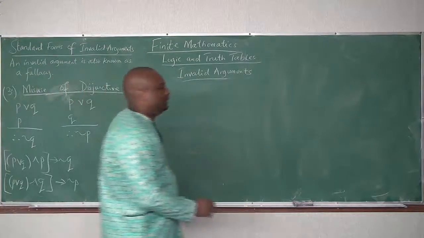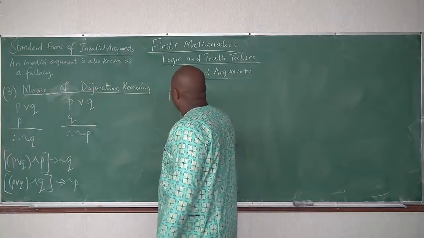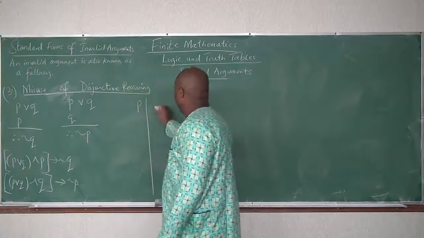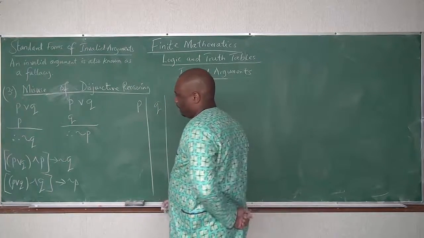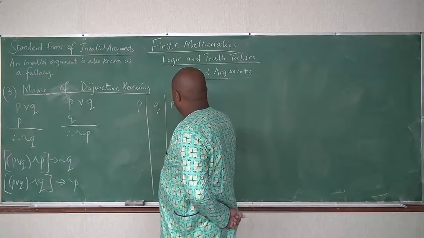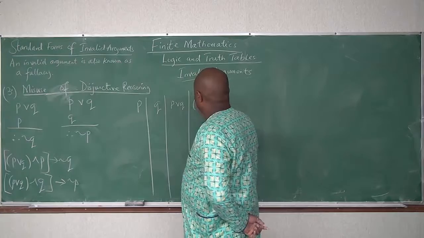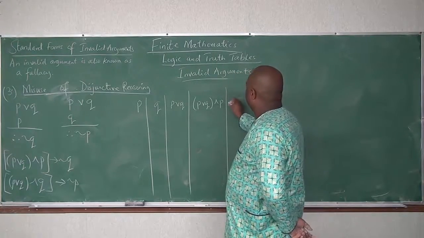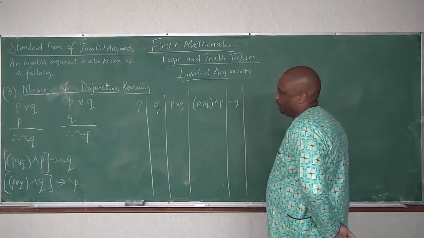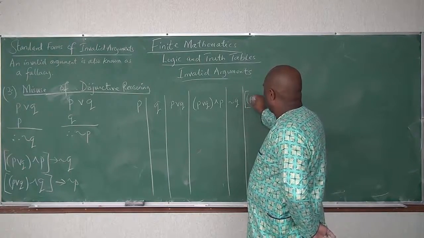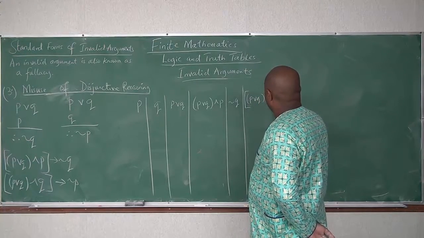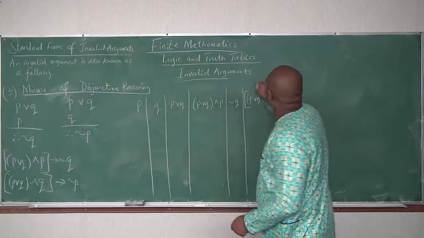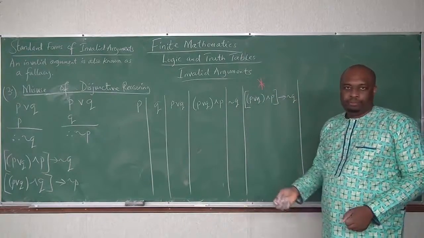So let's have everything in the truth table. Let me start from here so I have space. We have P, we have Q, we have P or Q, and P, we have not Q. We have P or Q and P implies not Q. So we need this column here for the first form.